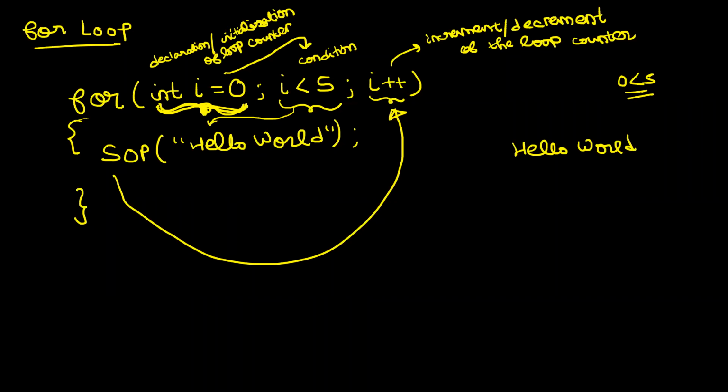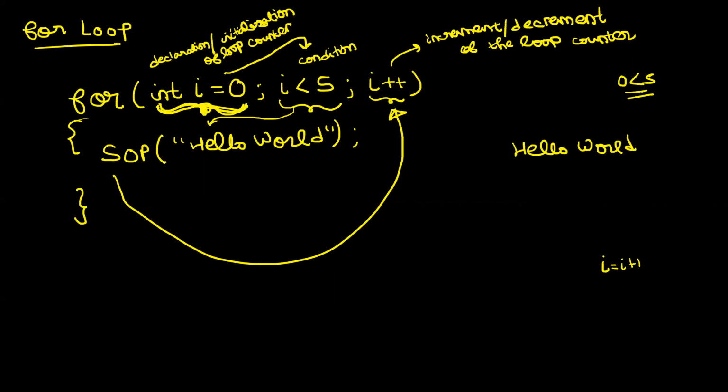It is equivalent to writing i is equal to i plus 1. That is also fine. But in most general cases, you will see i plus plus written in loops. That's why I have taken it also.